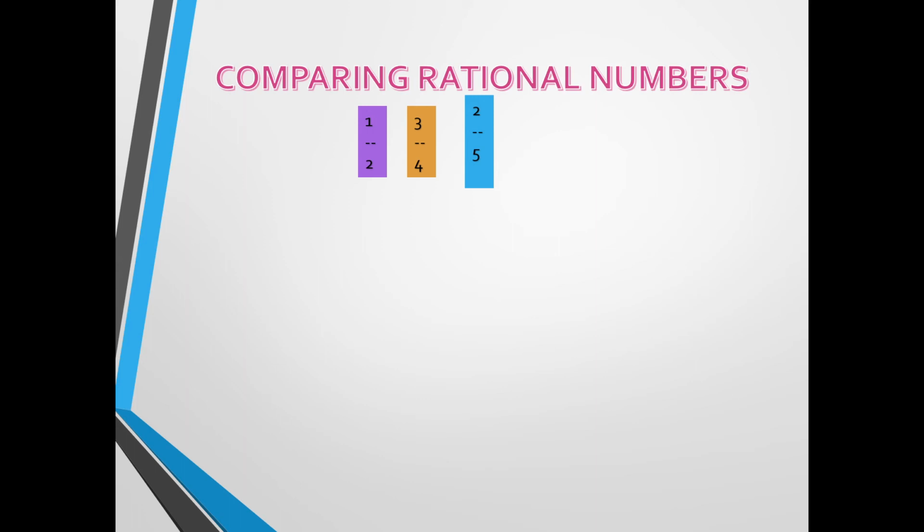So here also we need to find the equivalent form of each rational number with the same denominator. To find the denominator, we take the LCM of these three rational numbers. The denominators are 2, 4 and 5, and the LCM is 20.